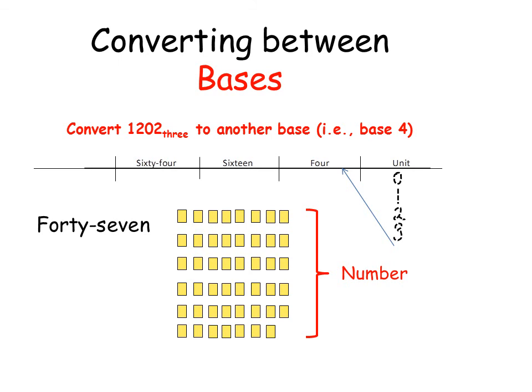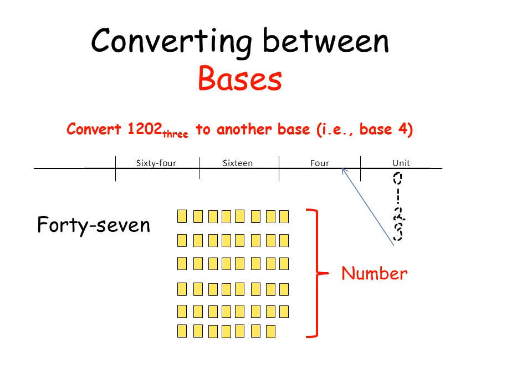I want to take that number and regroup it based on base 4, or rewrite it symbolically in base 4. Looking at my place values, I can have groups of 1s, 4s, 16s, 64s. I would not have any groups of 64 because that's larger than the number, 47. So the next place value down is 16s.